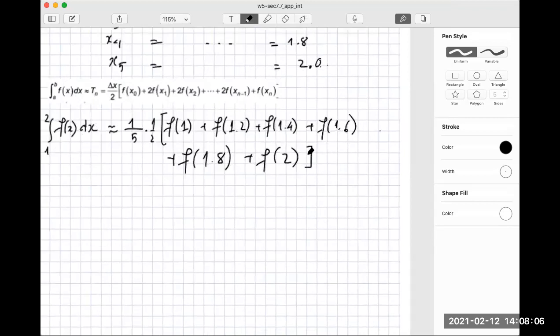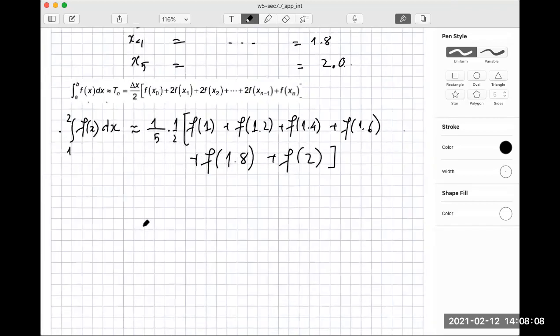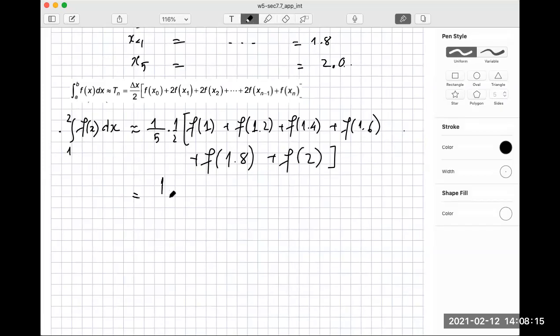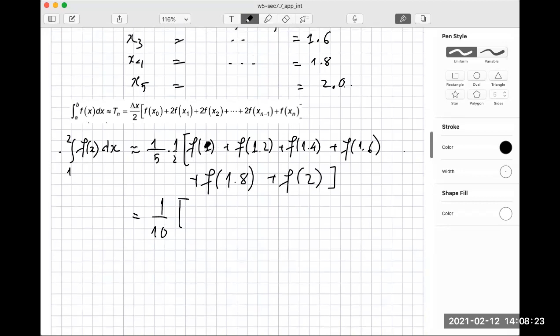Right? Now the function f of x in our case would be 1 over x. Therefore, this guy becomes 1 over 10. Very good. The first one will be 1 over 1, right?